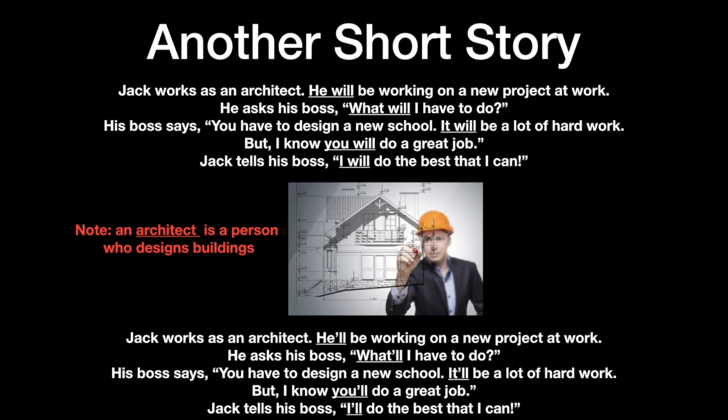The word is architect. An architect is a person who designs buildings. They can design schools, shopping areas, houses, lots of different types of buildings. I have a photo there just to give you an idea of an architect.